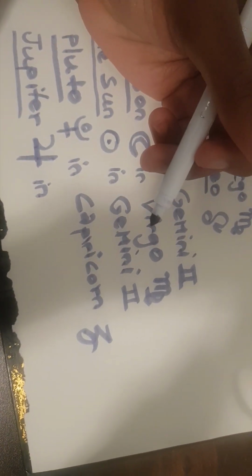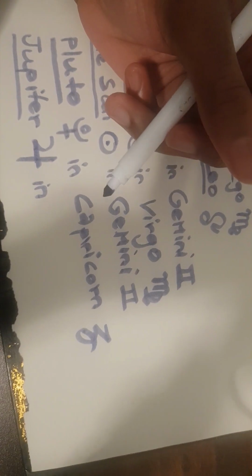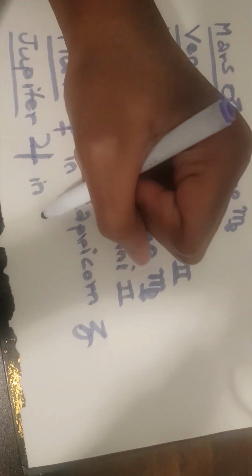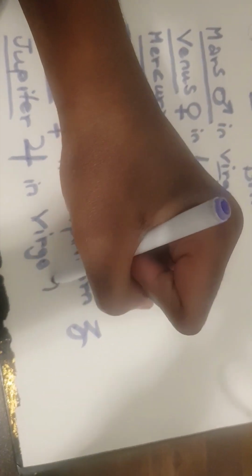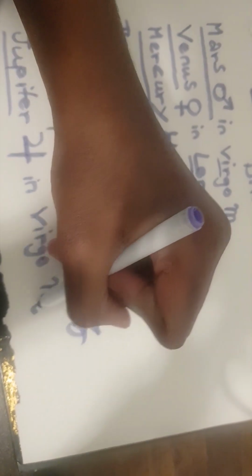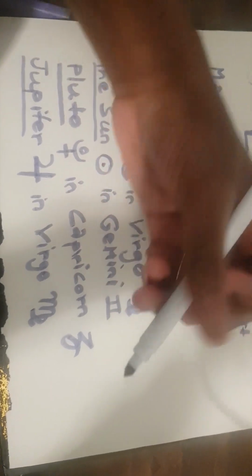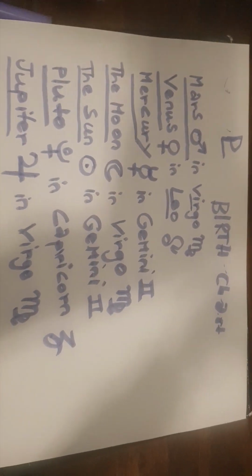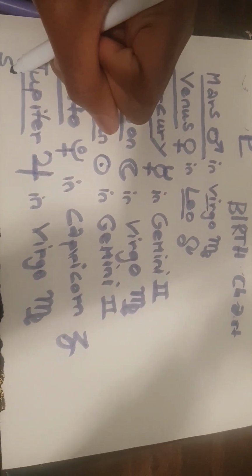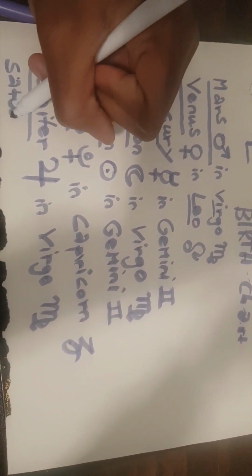I have Jupiter, I think, in Virgo, so I'm gonna put Virgo. Okay, Jupiter in Virgo.